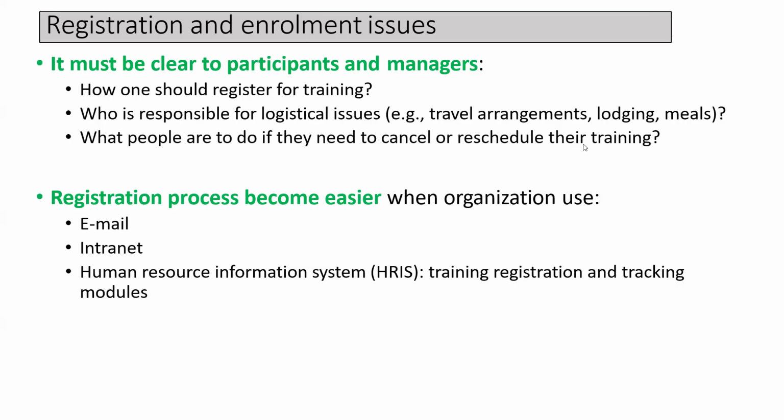For example, if a participant is unable to participate, what action he or she needs to take must be given at registration: whether they can retake the program, postpone it, or participate as a newcomer in another program.